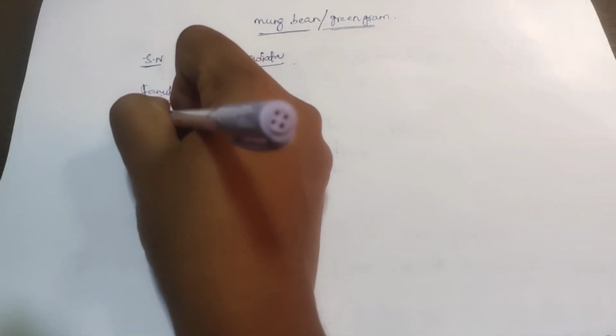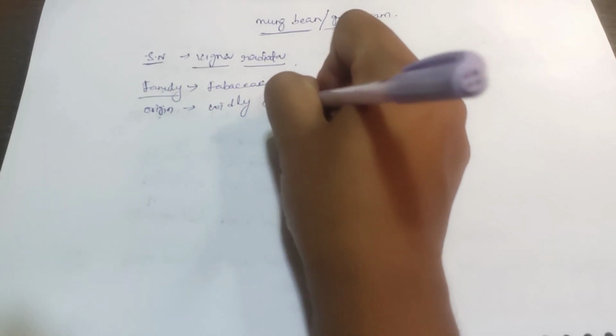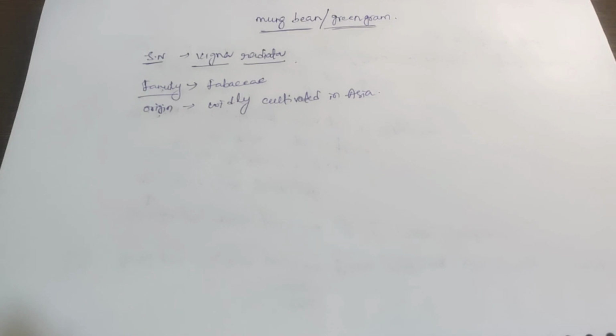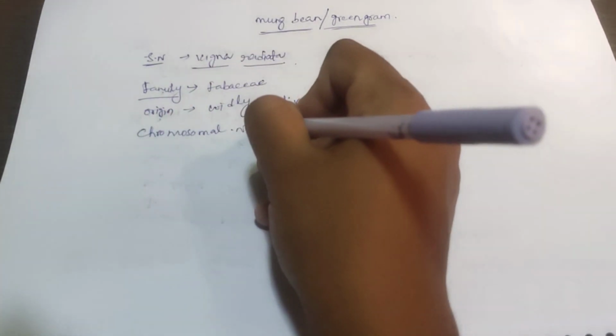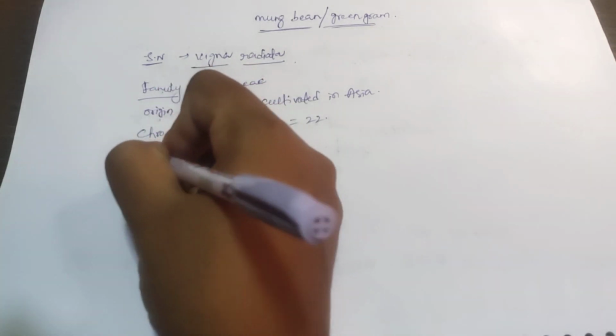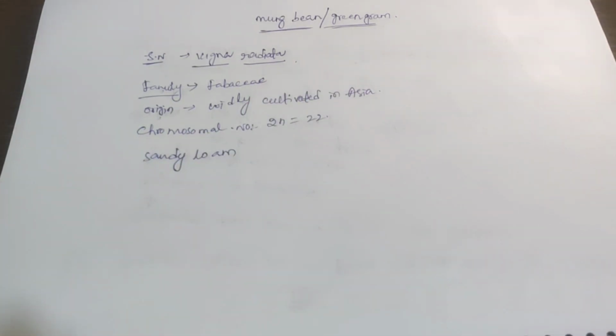Origin: widely cultivated in Asia. Chromosomal number is 2n equals 22. Sandy loam soils with good internal drainage are the best soil suitable for mung bean cultivation.